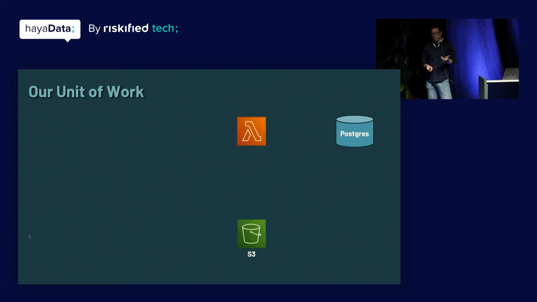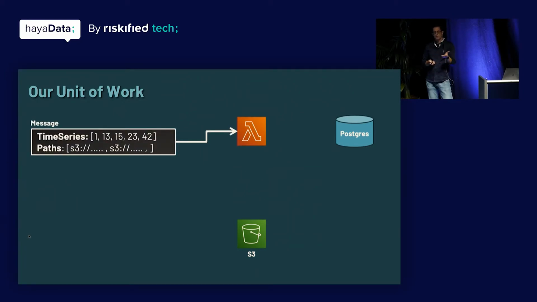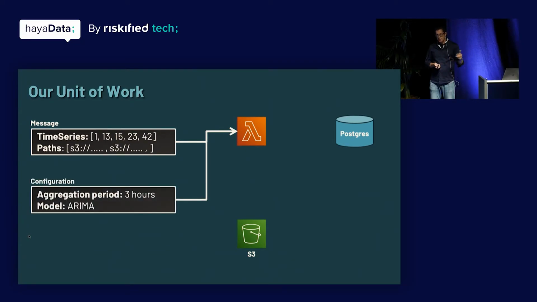If you look at a work unit, so basically one of these Lambda workers picks up a message. The message has a list of time series it needs to work on. It has the paths to where the data resides on S3. It reads some config that tells it what to do, maybe to aggregate the data over some period of time and which model to run.